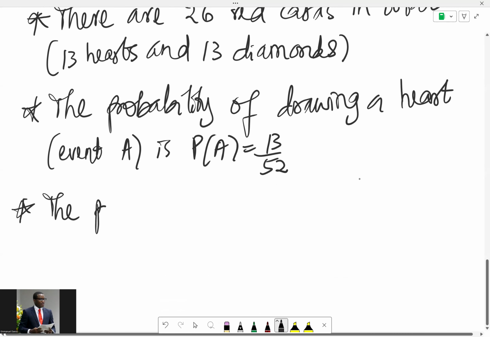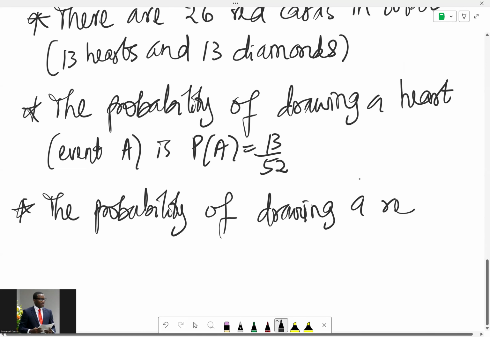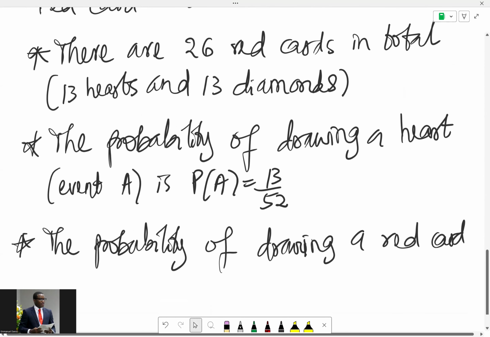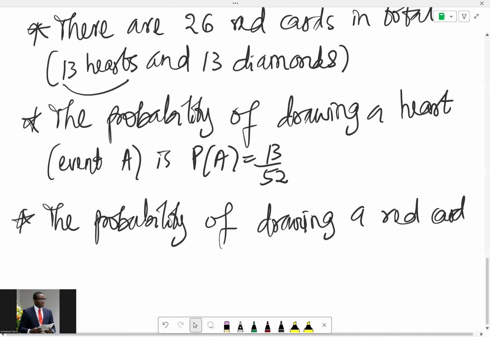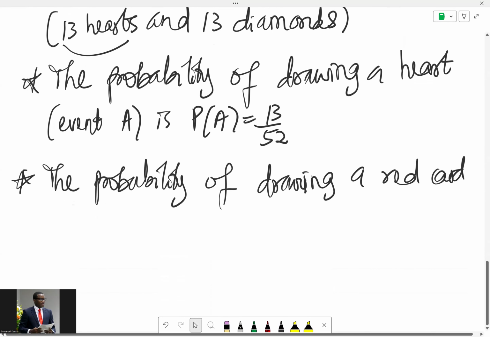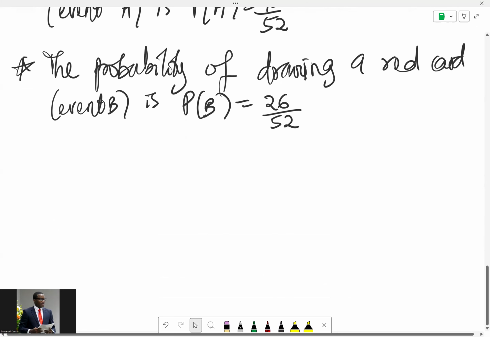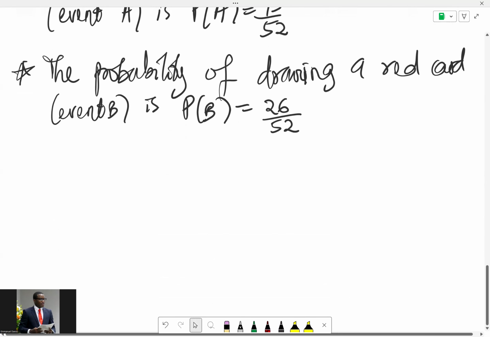Then the probability of drawing a red card, which is event B, is P of B, and that is equal to 26 over 52, since we have 26 red cards in total.